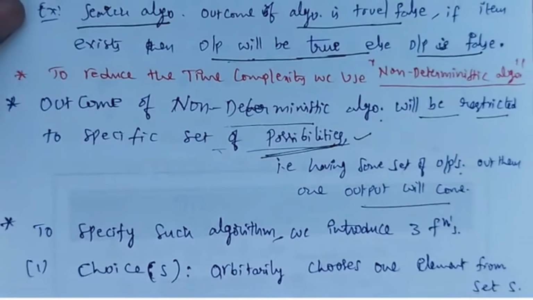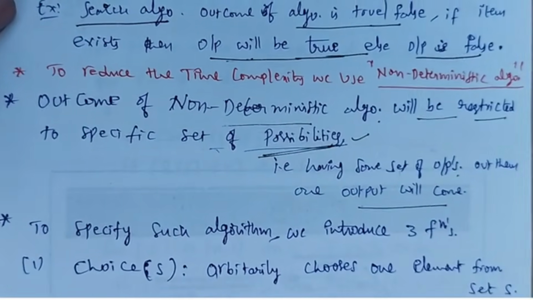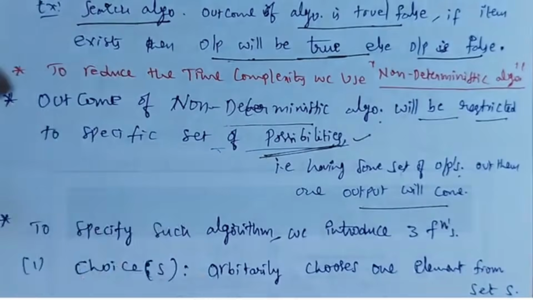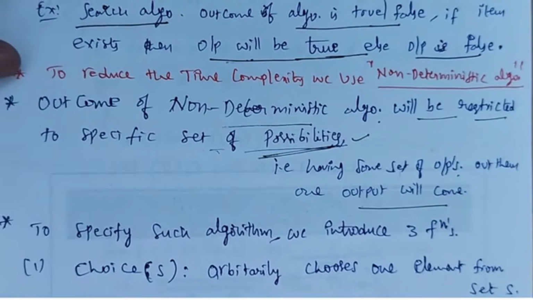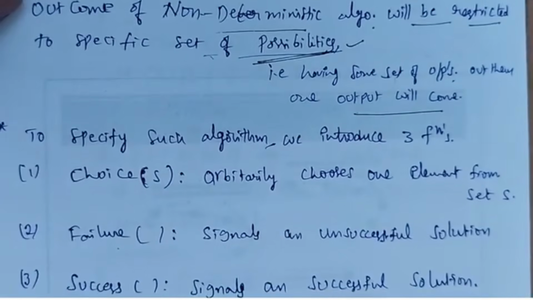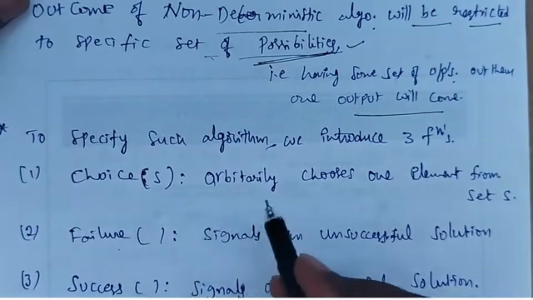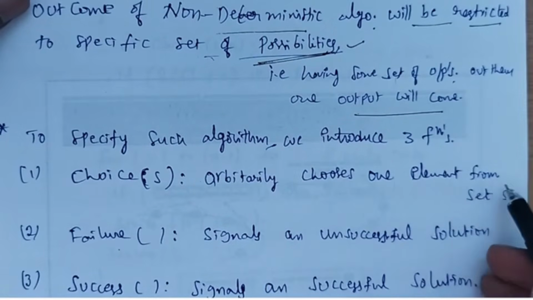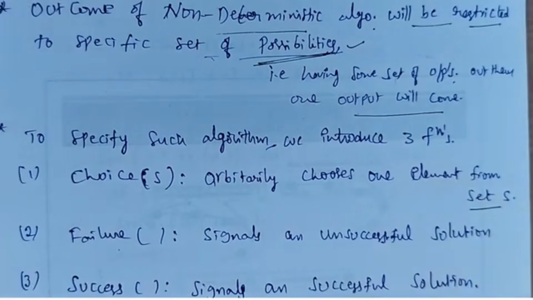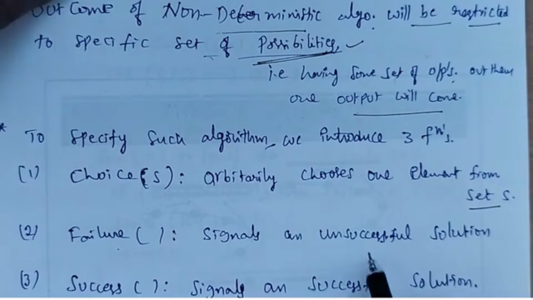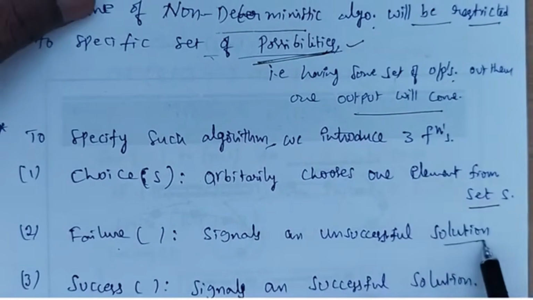To specify such algorithms, we introduce three functions: choice, failure and success. Choice arbitrarily chooses one element from the set S. Failure is a signal produced when the problem is unsuccessful, indicating an unsuccessful solution.